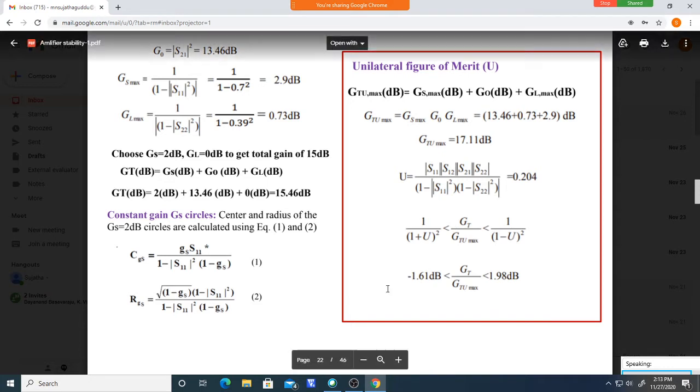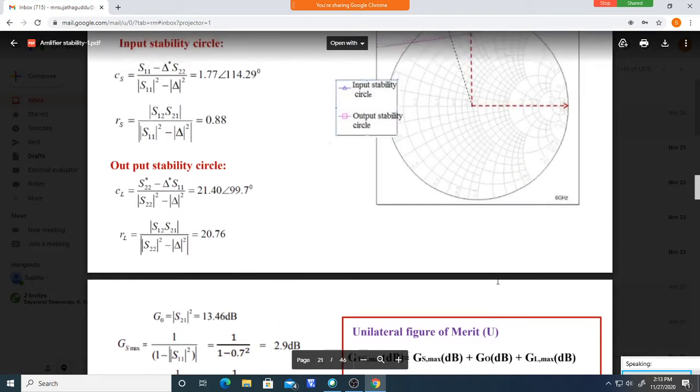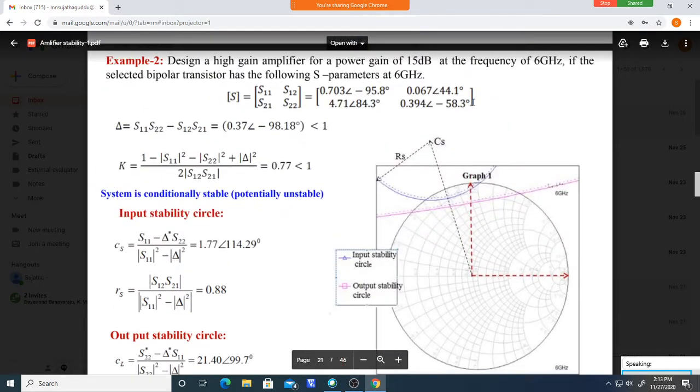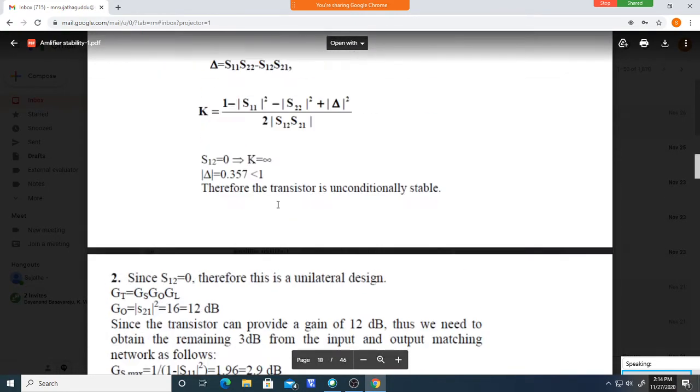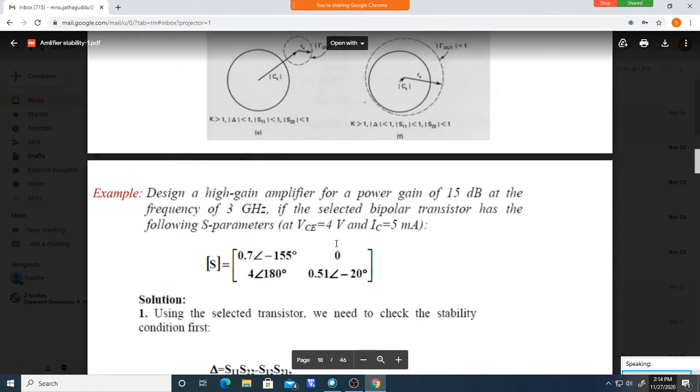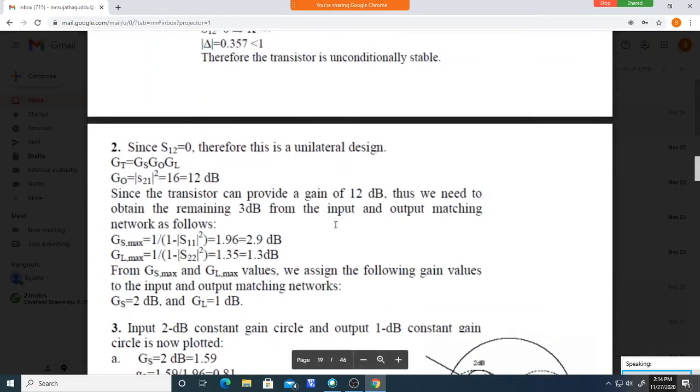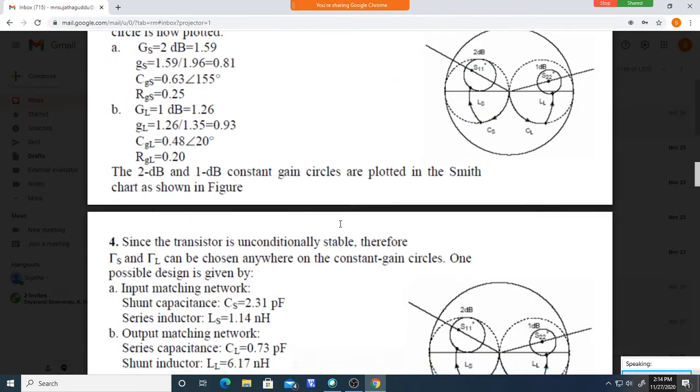So we can use this. This testing we have to do if it is not unilateral. But in the previous problem we did not do that. See, it is automatically 0 there, the value is 0, so we did not check the unilateral figure of merit.